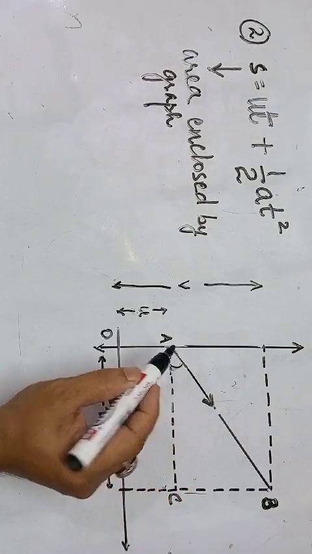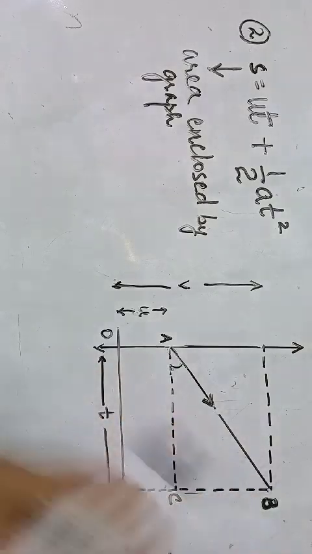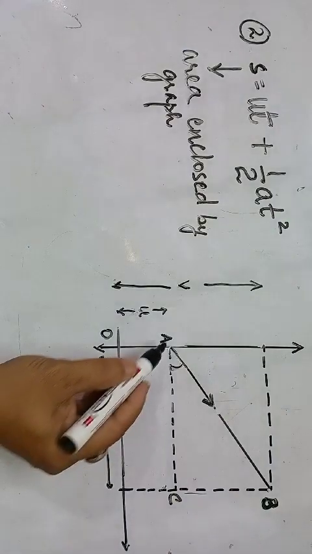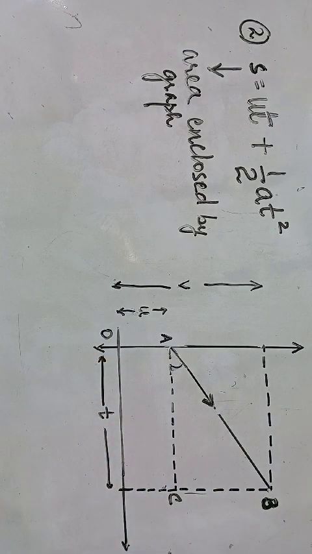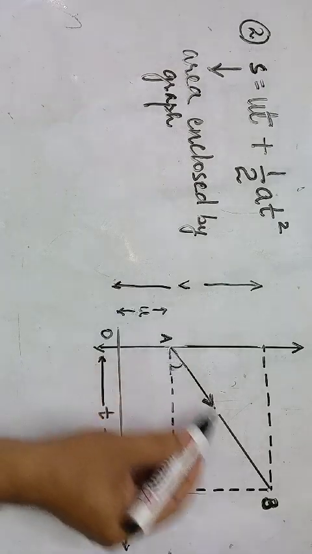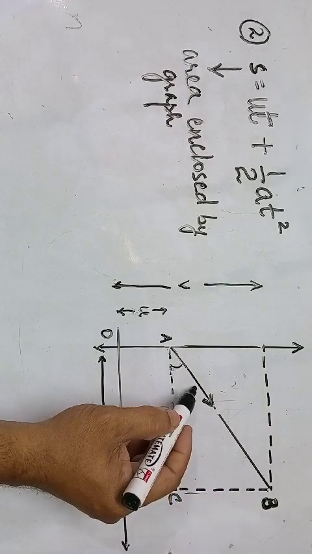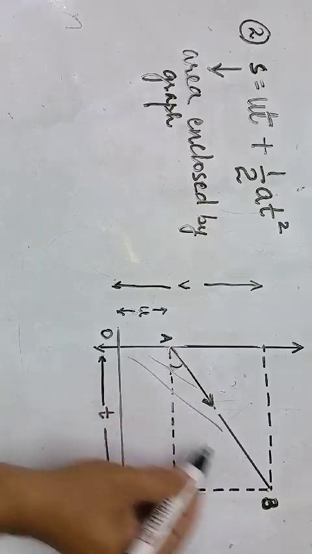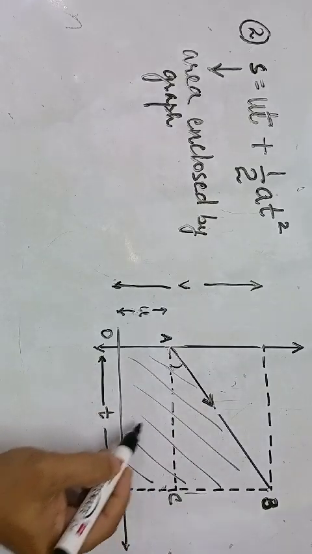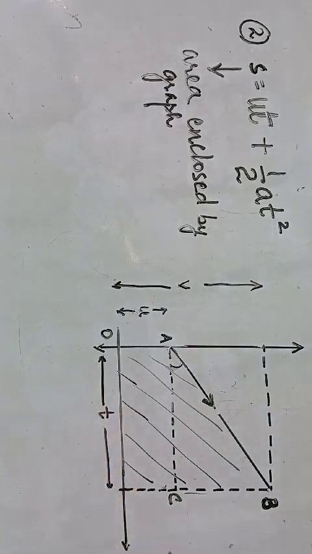Now which graph? Again, this is my graph. From A to B is the depiction of the motion from A to B. Therefore, we have to find out the area enclosed by this line with regards to the x-axis. So if you see, children, this whole thing becomes the area enclosed. And if you notice, this is actually made up of two different geometrical shapes.